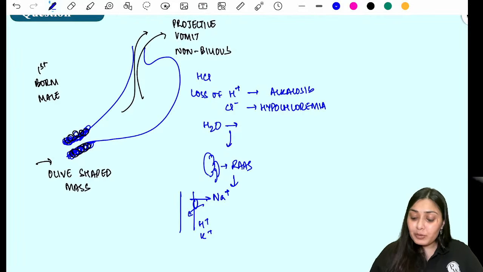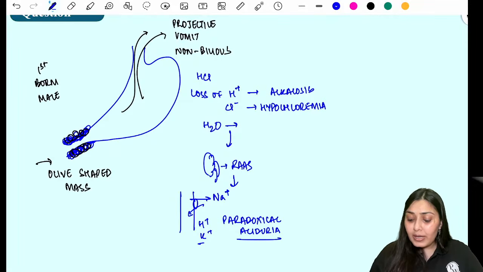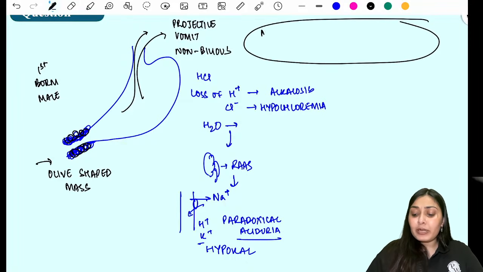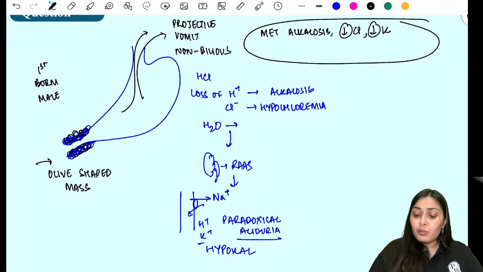That means there will be paradoxical aciduria. H+ is secreted in the urine, so aciduria and hypokalemia. So the overall picture here is metabolic alkalosis, hypochloremia, hypokalemia and paradoxical aciduria.